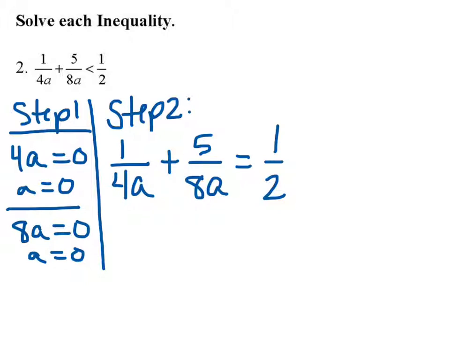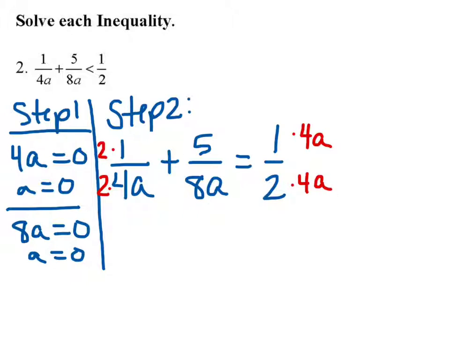So what we need to do is identify our LCD, which is an 8a, and we'll obtain that by multiplying the top and the bottom of the first fraction by 2. The top and the bottom of the second fraction can remain as is, since it already has my LCD, and then multiply the top and the bottom of the last fraction by a 4a.